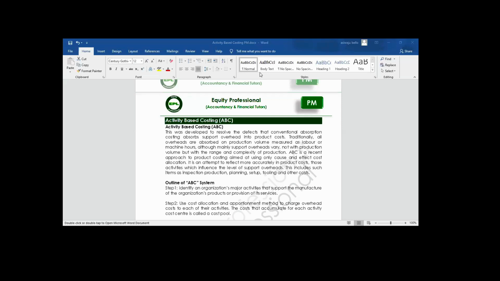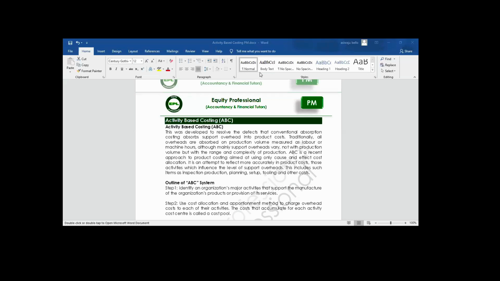Activity-based costing is a modern costing method that is developed to correct the deficiency of the traditional absorption costing method. Traditionally, overhead costs are absorbed on production volume.